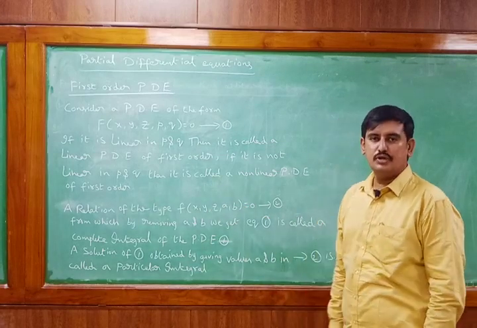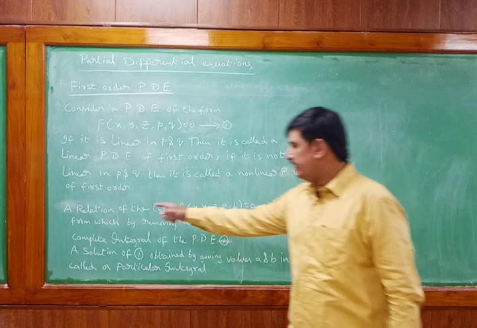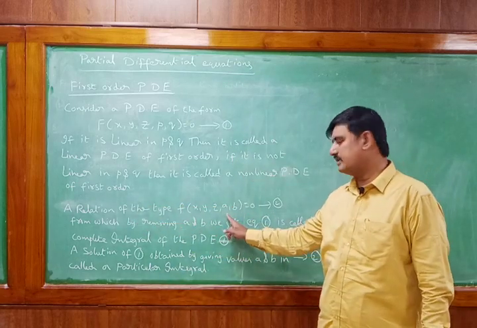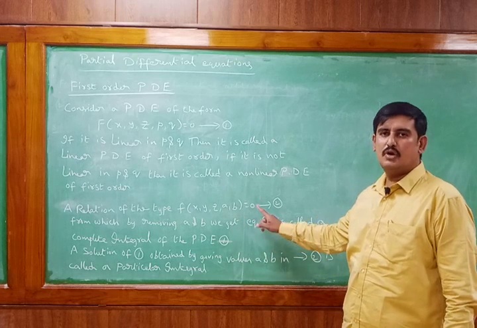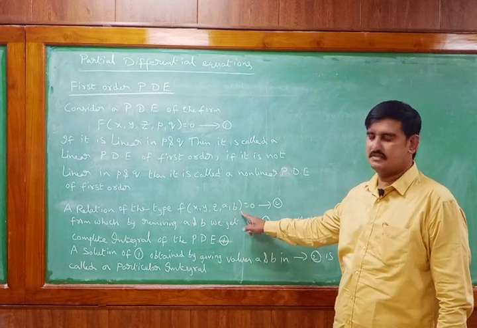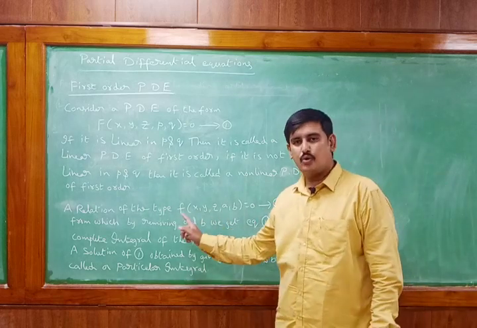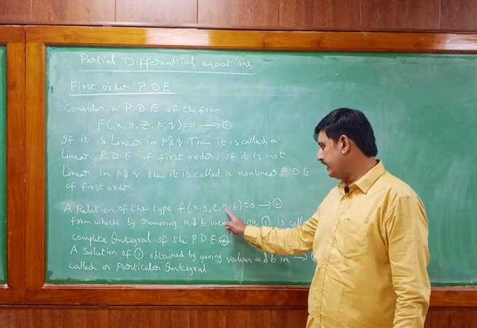Now what is the solution? For the solution, let a relation of the type small f of x comma y comma z comma a comma b is equal to 0. First we discuss this relation, this function, and mark it as 2. From this, what do we have to eliminate? We have to eliminate a and b.